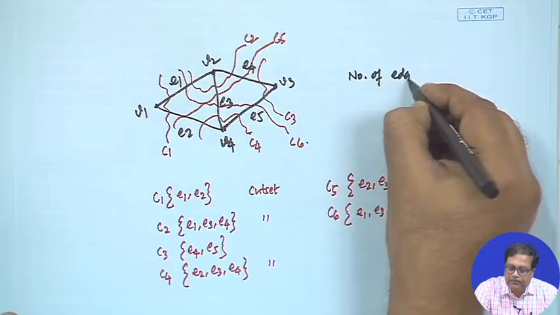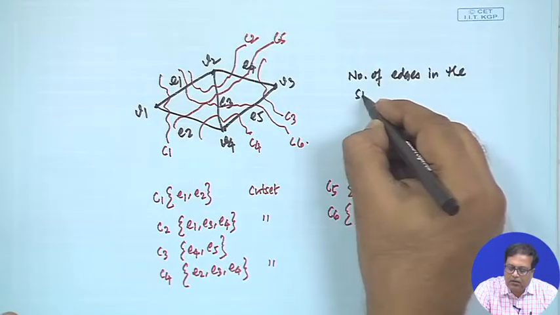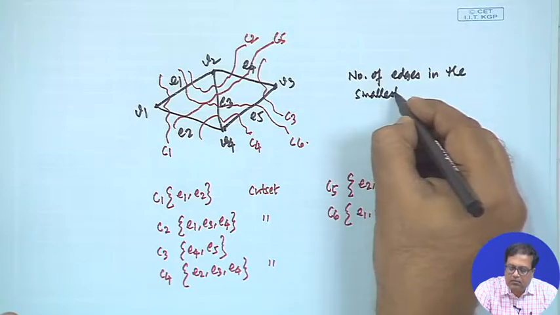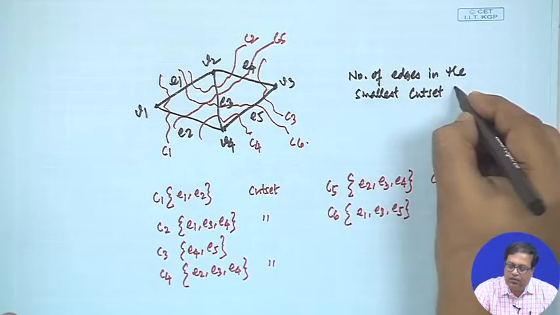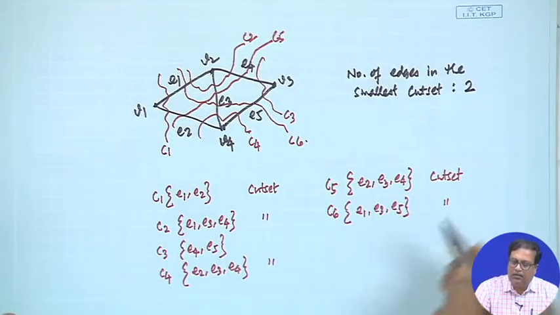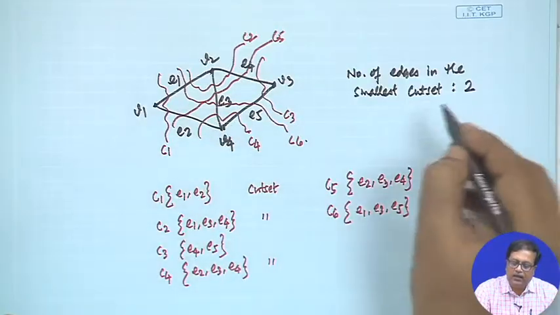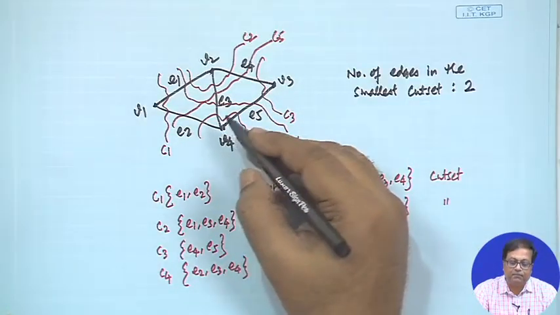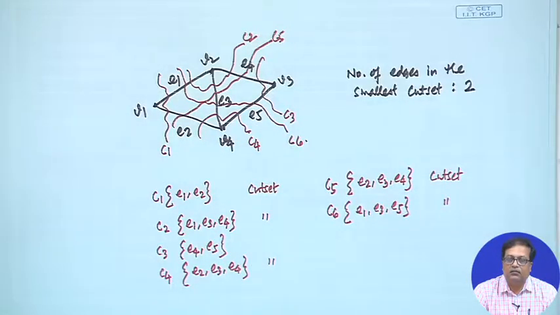Can you tell me the number? That number would be 2, because 1, 2, there is no other. So, you can see the graph also, you have to remove at least 2 edges from this graph to make the graph disconnected. Is it all right?